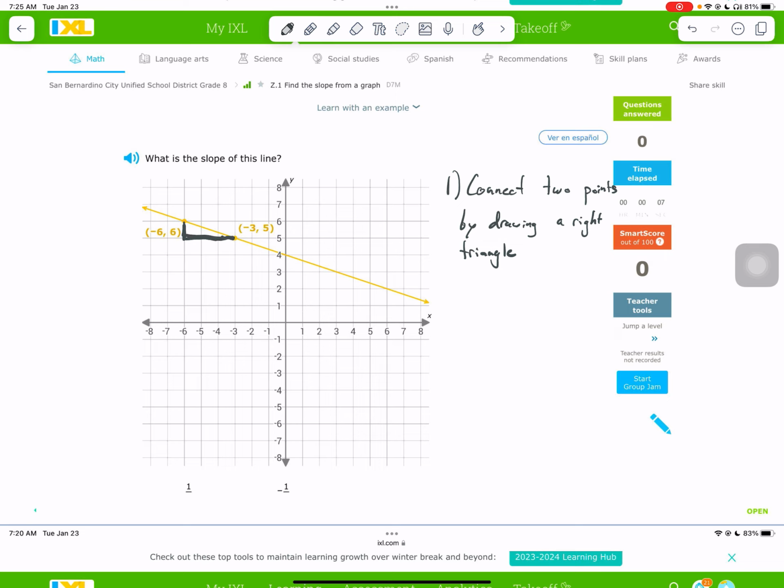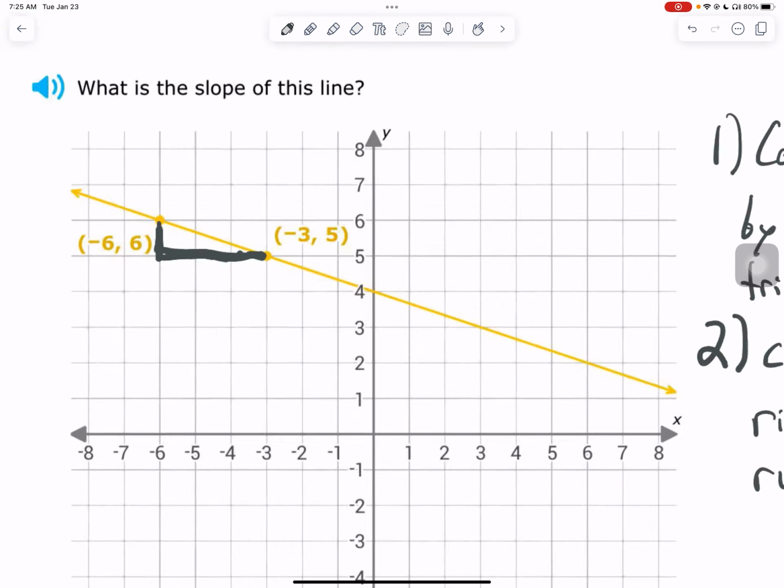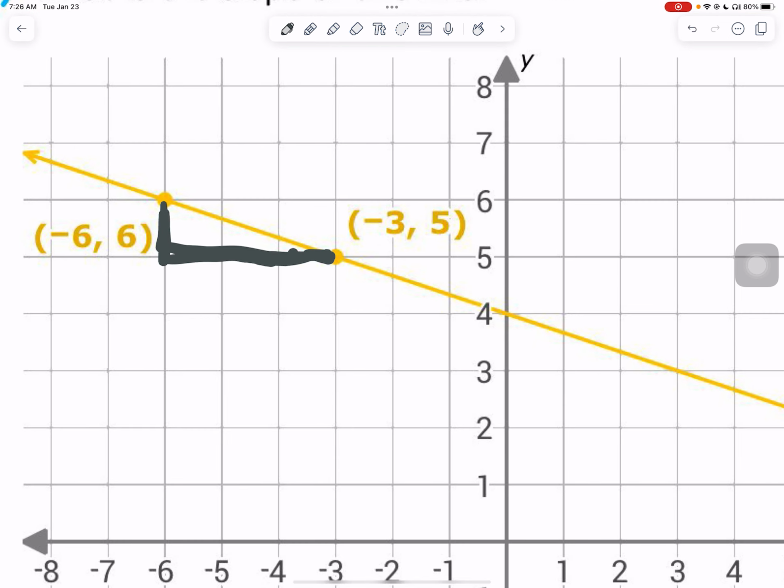Okay, and then after I draw my right triangle, I just need to count my rise and my run. My rise is my vertical change here. So my rise is just 1, and my run is 1, 2, 3.